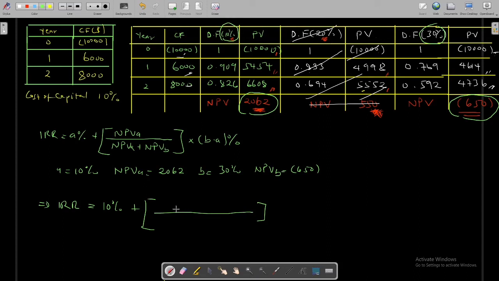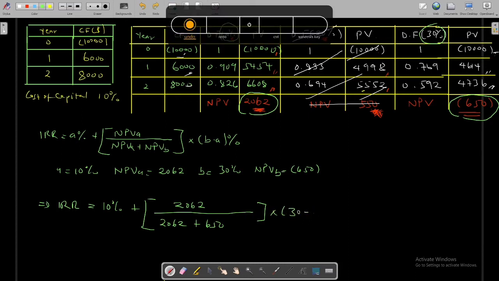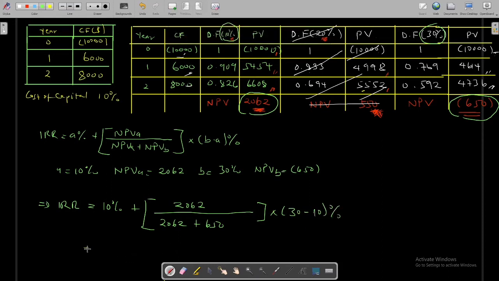So this implies that the internal rate of return equals 10% plus 2062 over 2062 plus 650, times 30 minus 10, percentage. In order to compute this one, you have to calculate what is in the bracket first. 2062 plus 650 gives us 2712. 2062 divided by 2712 will give us 0.760.